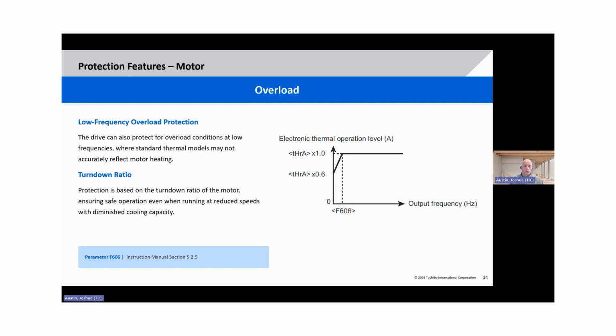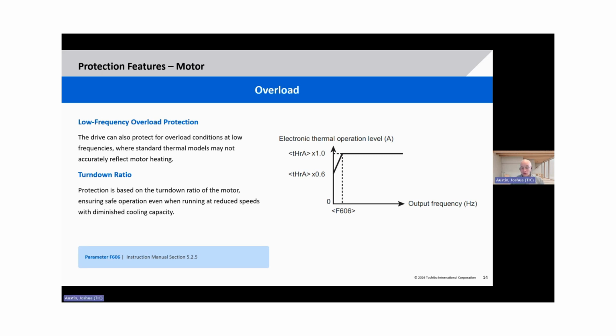Also, when it comes to overload protection, the motor is going to have a turn down ratio. The turn down ratio describes the speed of operation where the motor can still run at full load conditions and still effectively cool itself.